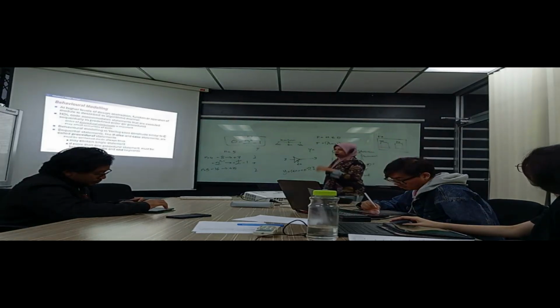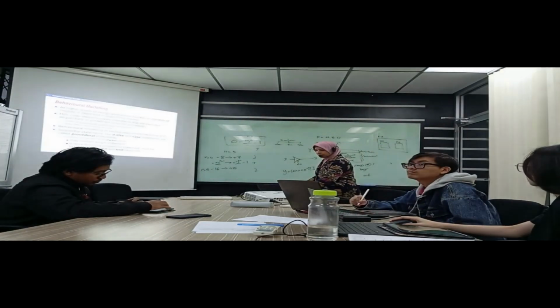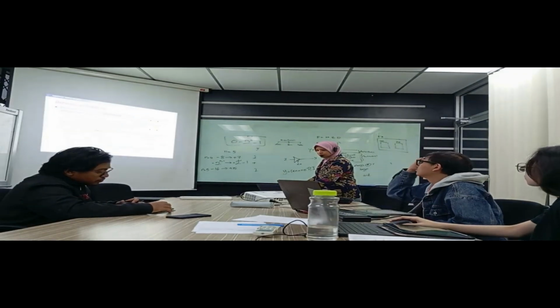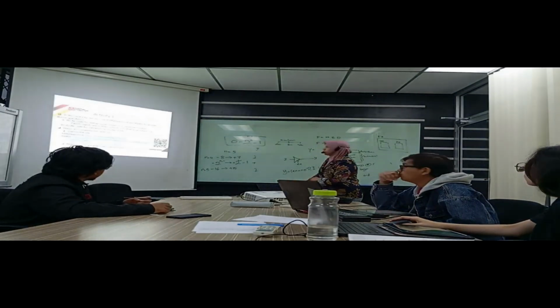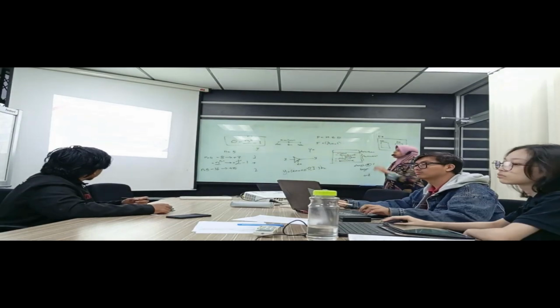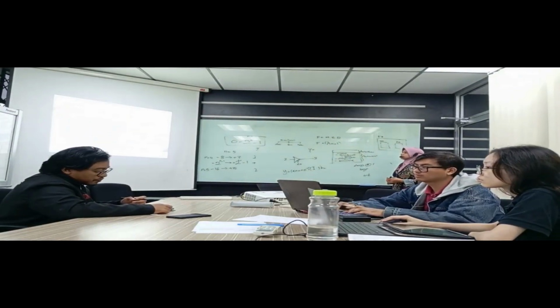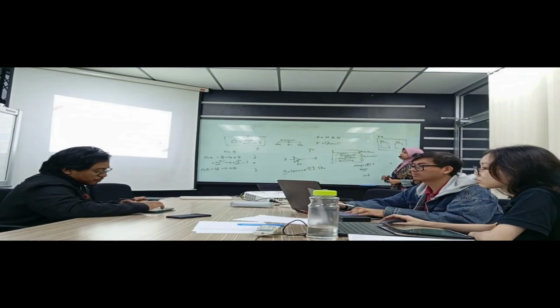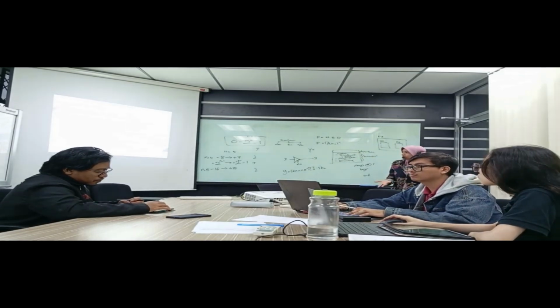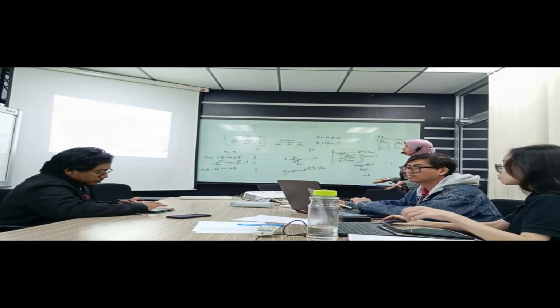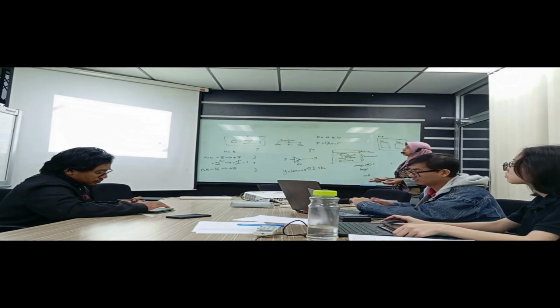Okay, I think we can go for the activity for this one. Activity 1. The question is you have to write the behavioral model of the 2 input OR gate.